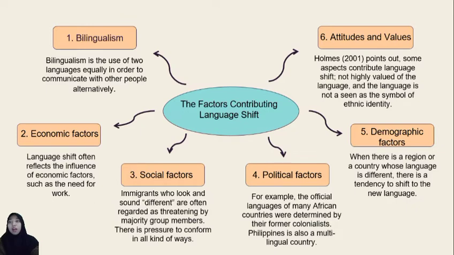One factor of the language shift is bilingualism. Bilingualism is the use of two languages equally in order to communicate with other people alternatively. A certain language is gradually limited in speech acts, which are associated with majority language, for instance religion and education domain, and minority language, for instance family domain and friendship domain.